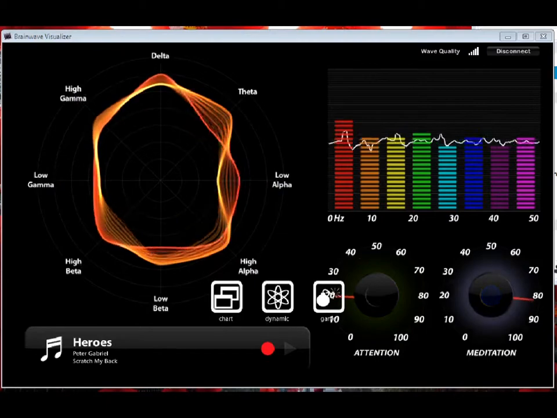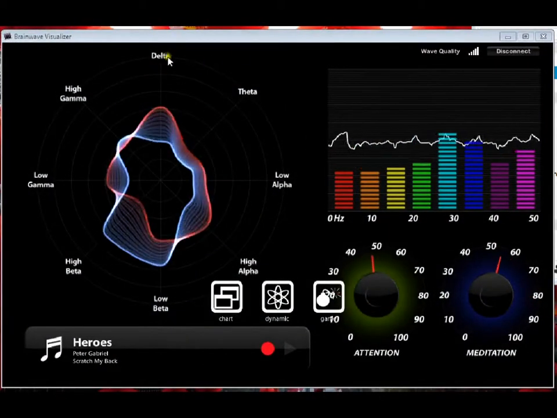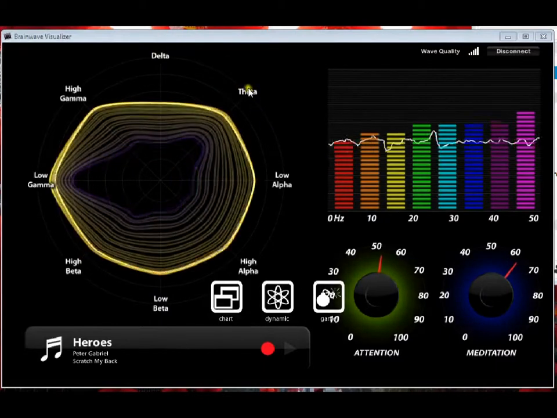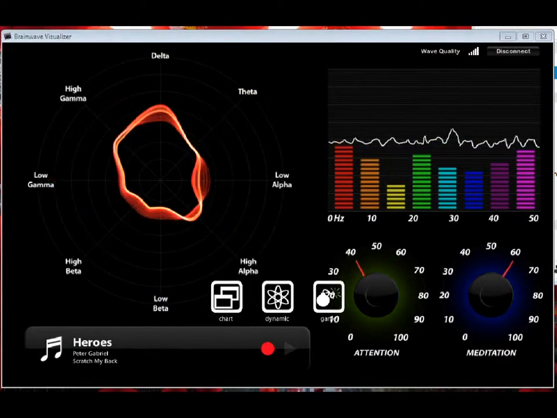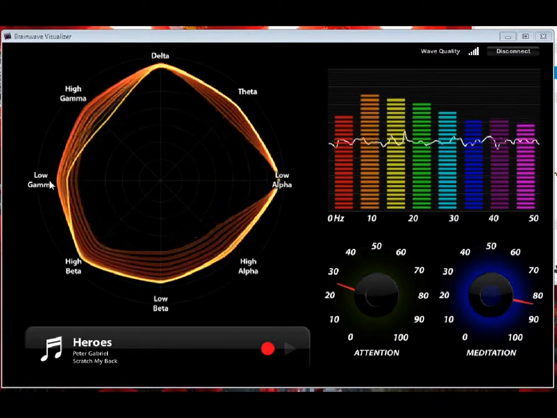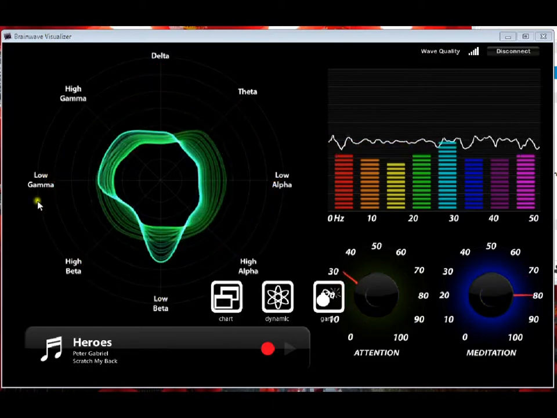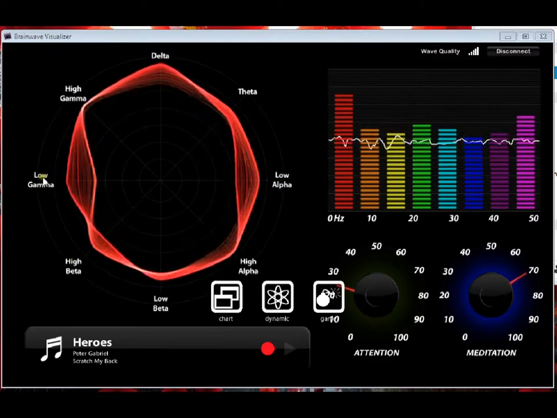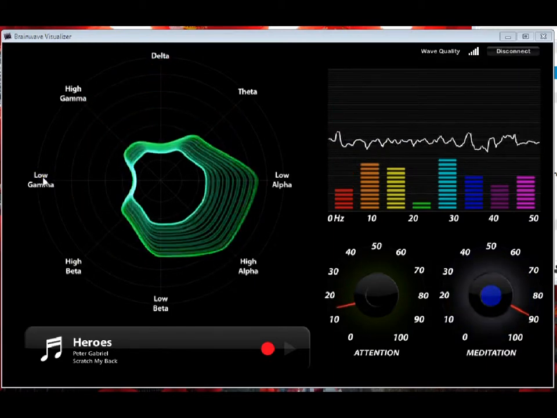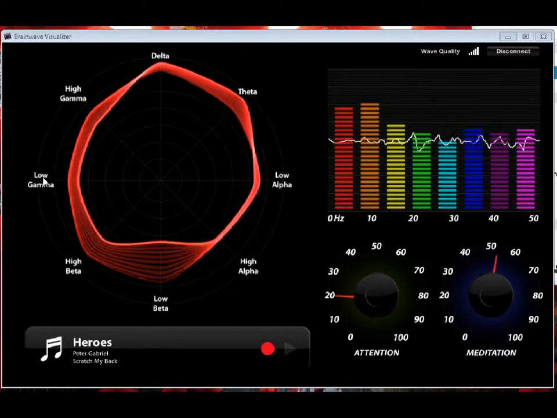So ideally, in a meditative state, you would want to be up in the delta theta range here as much as you can. If you're in a focus side where you're trying to do a lot of mathematical functions and things like that, you'd want to probably be in the beta and the gamma. So we can kind of see how this thing pictures itself.